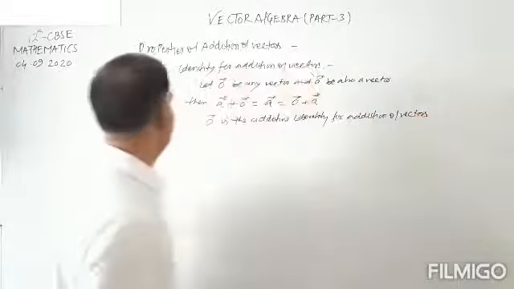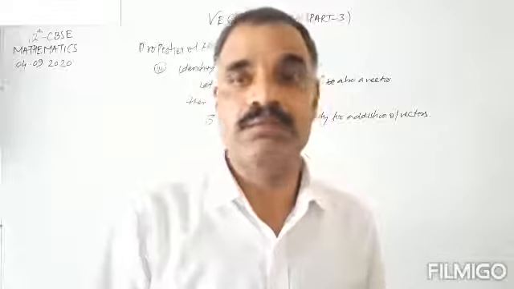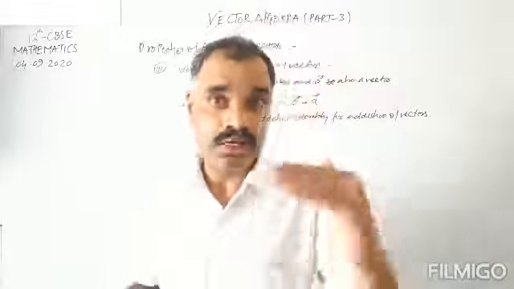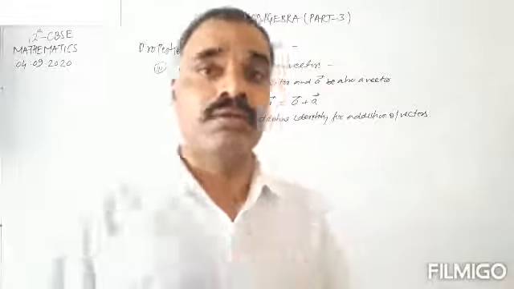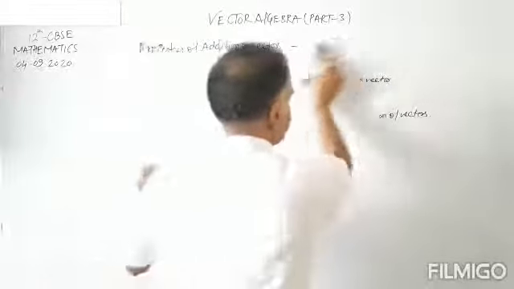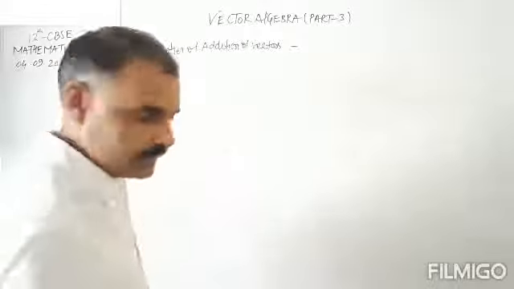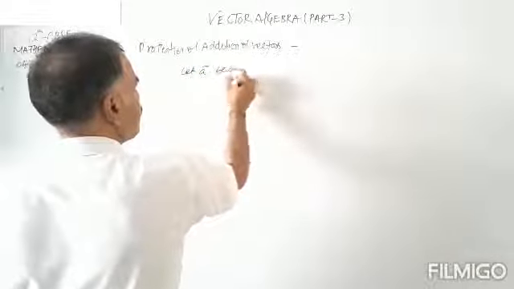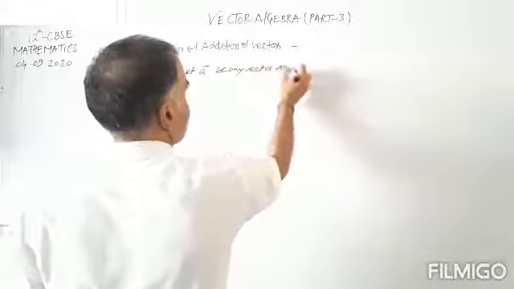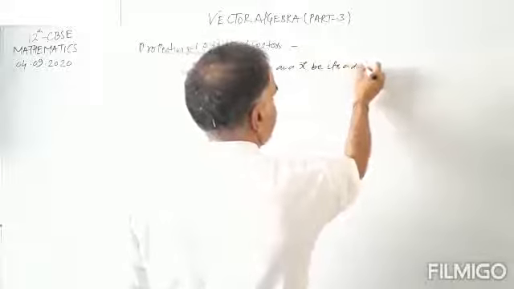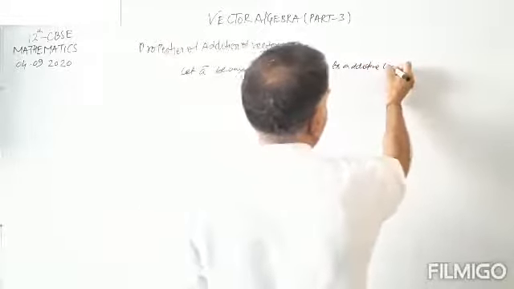Now the additive inverse. Whenever we are talking about the addition of vectors, it means we are talking about the additive inverse. So, additive inverse for addition of vectors: let A vector be any vector and X vector be its additive inverse.